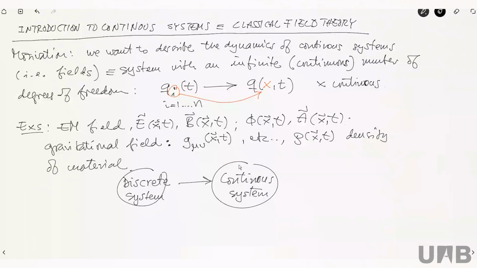And to do this, we're going to study a concrete example that will help us understand what we have to do. So we're going to study the transition from a discrete to a continuous system.